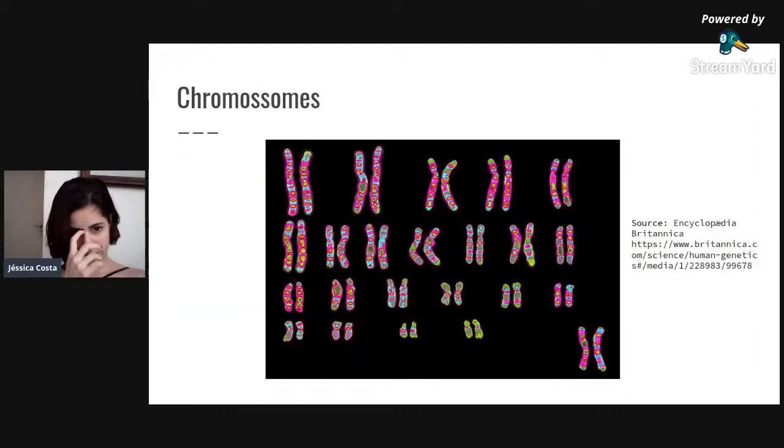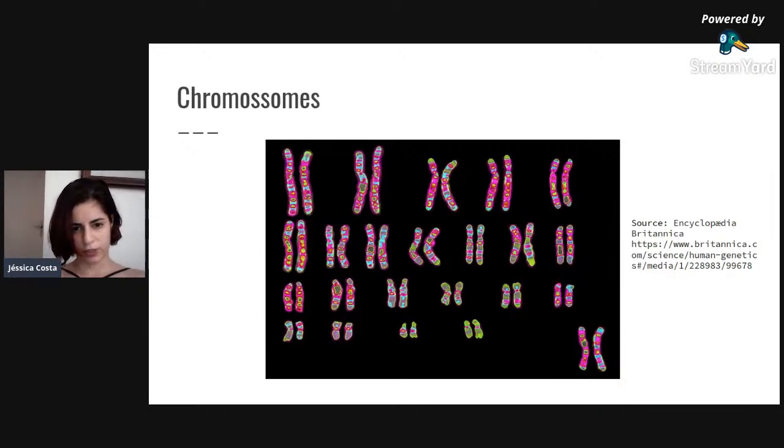In this photo, we have the chromosomes of a human. In this case, it's a woman. We have 23 pairs. You can see it in this image. And the last pair is the sex chromosomes. It's XY and XX. Okay.